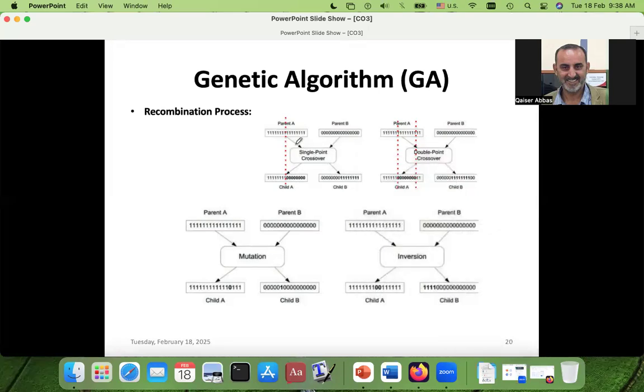And you have to do what? If these are the two members which are selected, then you have to select the single point in any partner, where you want to introduce the crossover. For example, I am selecting here, maybe after the 7th bit.